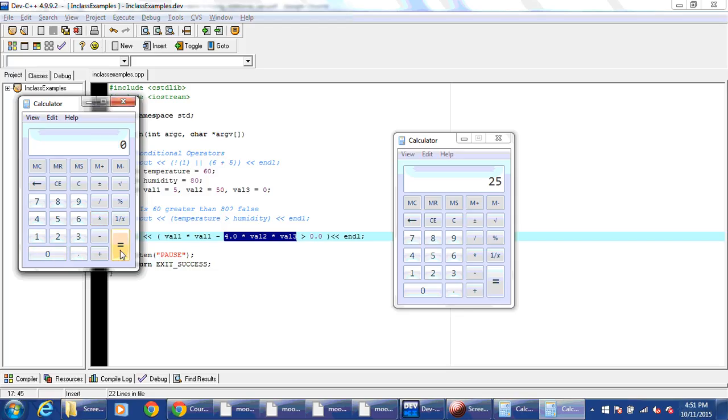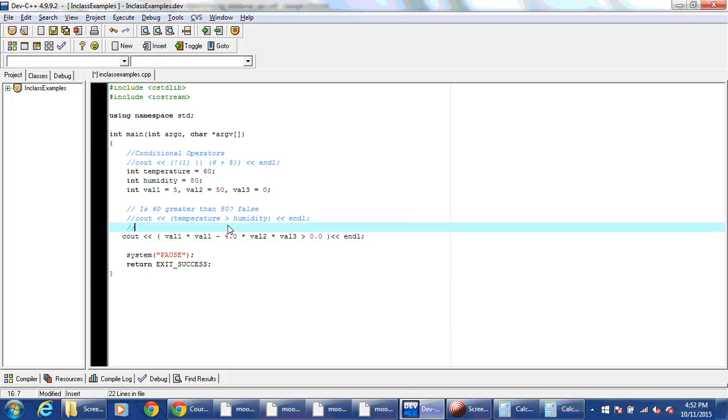And that's going to give you 0. So 25 minus 0 is 25. And then we ask the question, is 25 greater than 0.0? Think about it. Is 25 greater than 0.0?